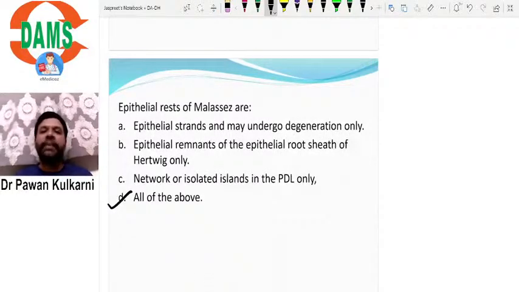So the first covering, remember, will be Nasmyth's membrane after the tooth is erupted, and then the tooth will be covered by REE. That REE will combine with the oral epithelium and finally form the junctional epithelium, which is nothing but your attachment epithelium.